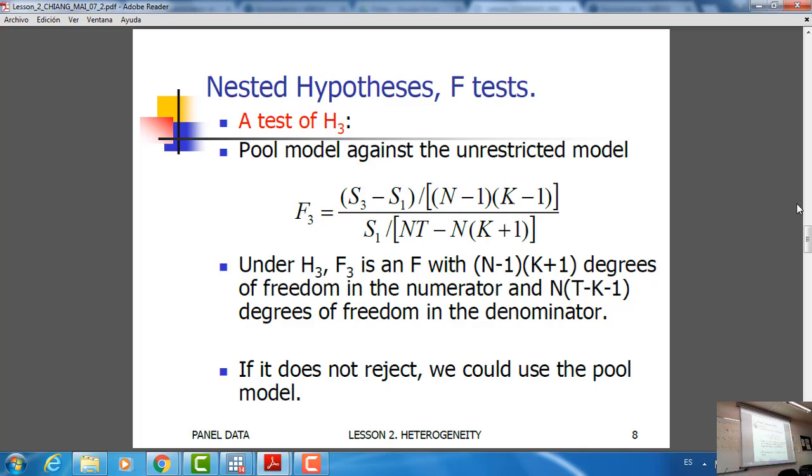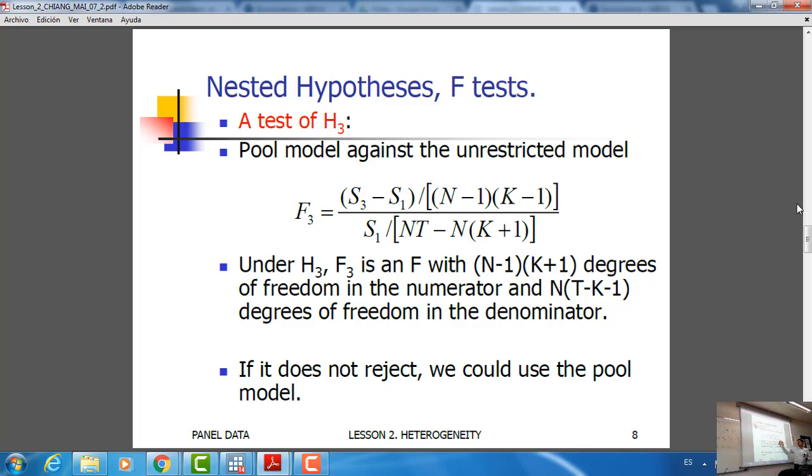How many parameters do we have for each individual? If we have n individuals, for each individual, k plus 1.